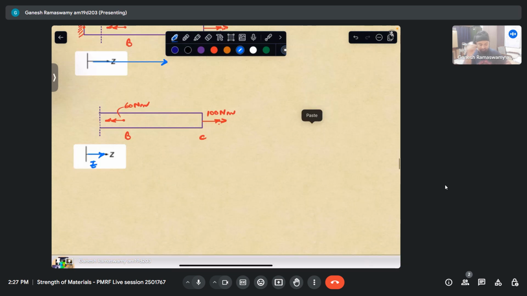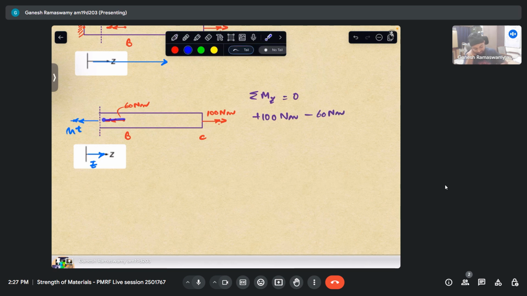Now again this is a negative z phase, so I have to point mt in this direction, and this is considered as positive mt. Now it is just a matter of applying the equilibrium equation again, equaling 0. So this is plus 100 Newton meter, and this is minus 60 Newton meter. Why minus 60? Because this is pointing in the opposite direction to our z coordinate. We are adding mz, so this is minus 60, and this will be minus mt equaling 0.